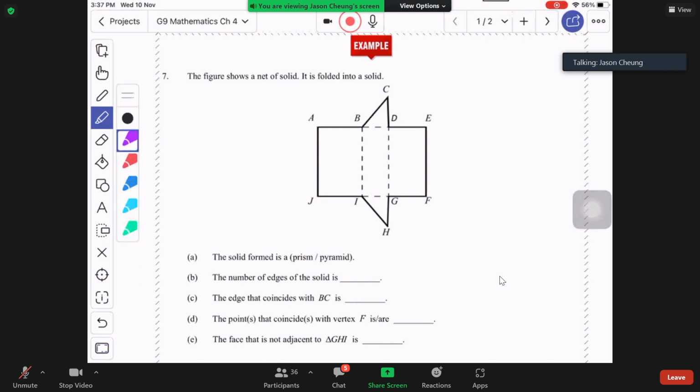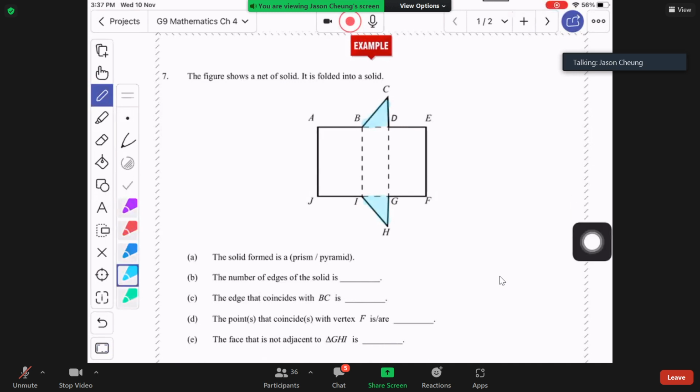So here, the base will be this one, right? The base is this one or this one. Therefore, we'll say that it is a triangular prism.